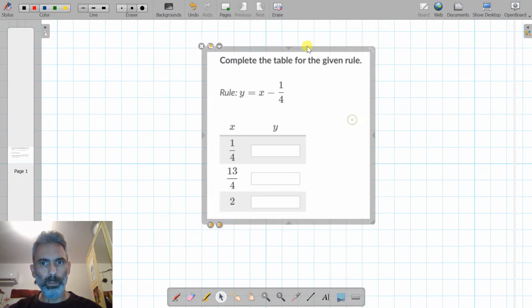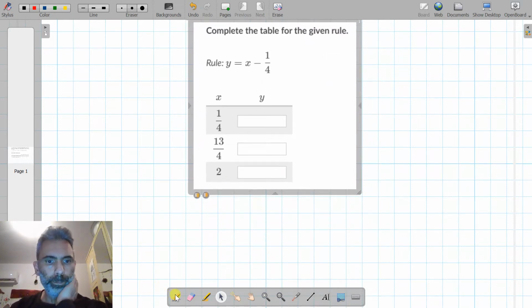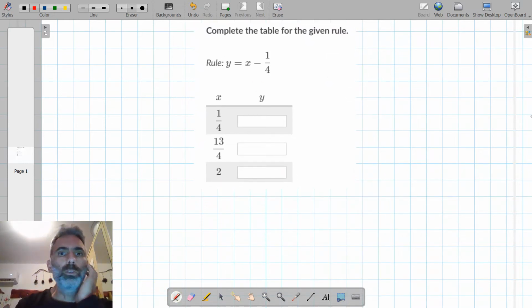Complete the table for the given rule. Okay, the rule is y equals x minus 1/4. So for x, plug in this value.